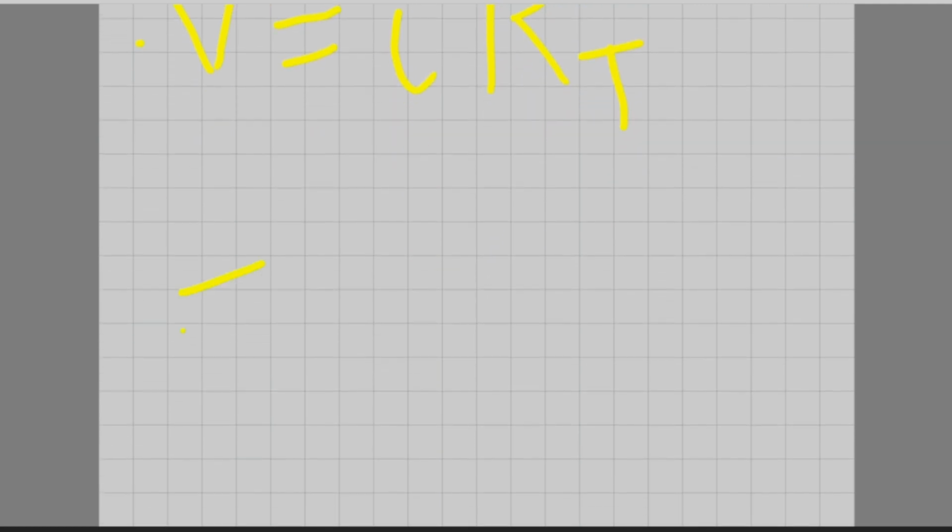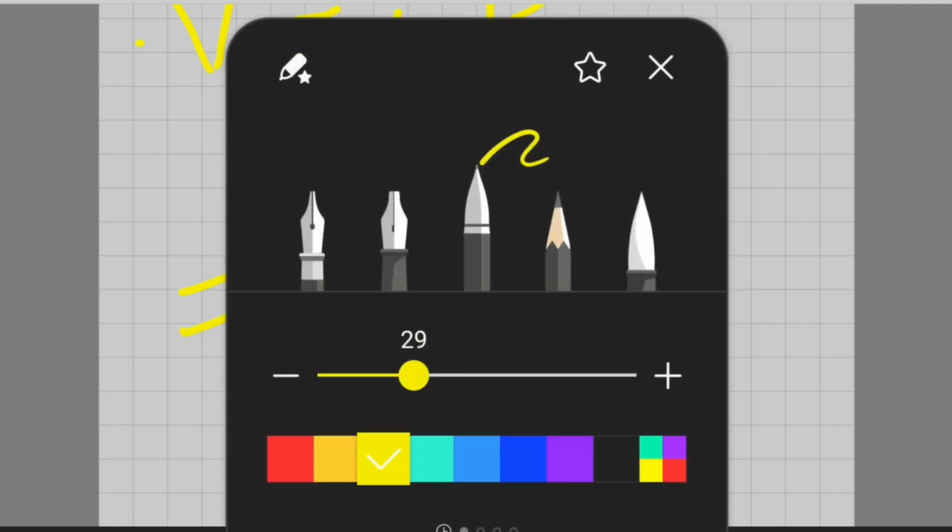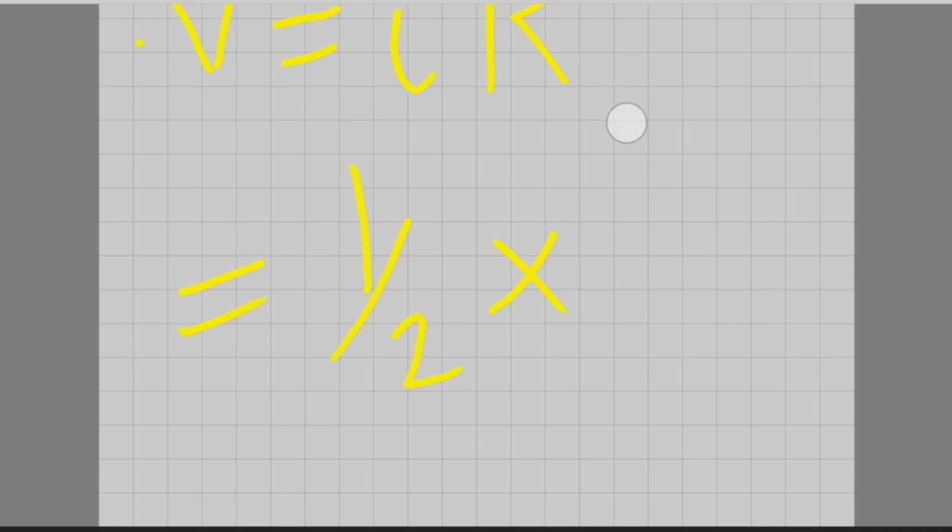I is half or 0.5, and the resistance, sorry, I should not have written total resistance, I am extremely sorry. It will be the resistance 4, as we are finding the voltage across the 4 ohm resistance.